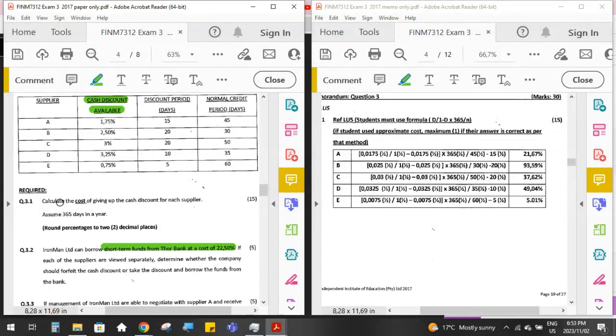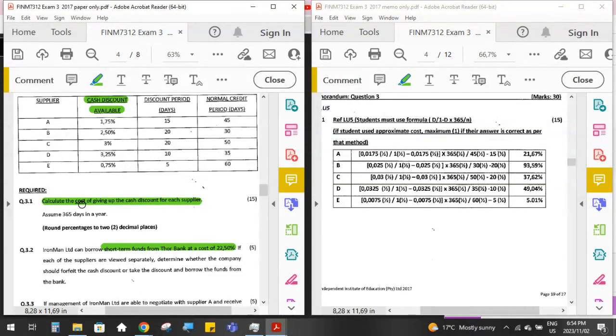So the question says calculate the cost of giving up the cash discount for each supplier. You'll see that they have underlined the cost, because if you have a look in your textbooks on page 149, you'll see that there are 2 formulas there. The first one is the cost of giving up the cash discount equals D over 1 minus D times 365 over N. But below that, we've got another formula, the approximate cost of giving up cash discount.